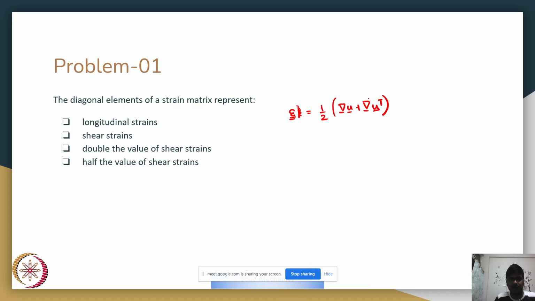The annotations are visible, right? So the first question asks, what do the diagonal elements of the strain matrix represent? They are longitudinal strains.